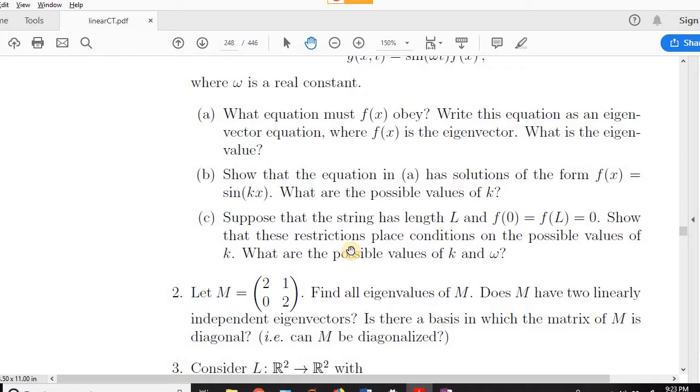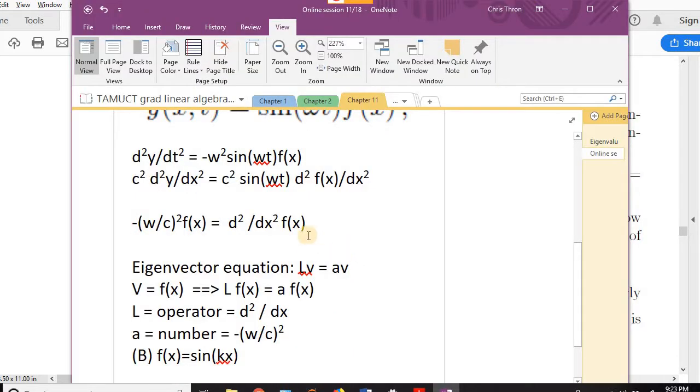Are we saying that the possible values of k are infinite in this situation? Well, no. When you plug f of x into this equation, there are very definite restrictions on what k can be.